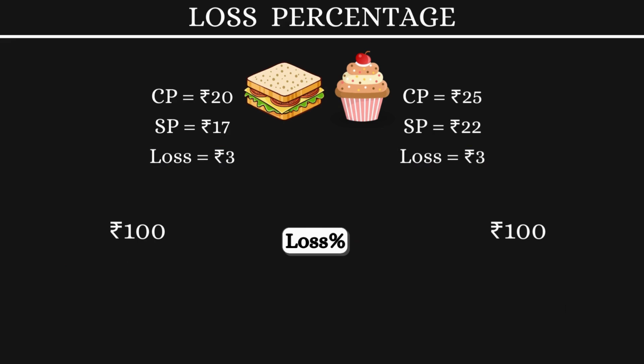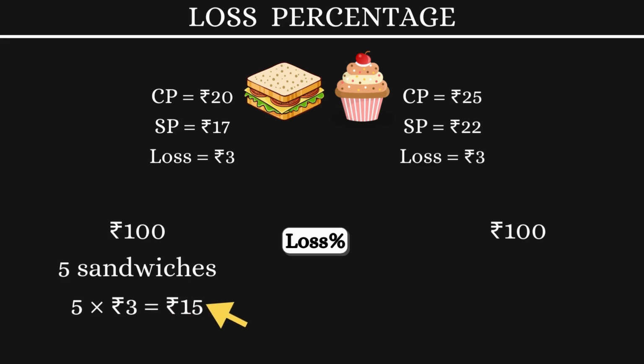Let's find out how many sandwiches he would have bought. 100 divided by 20, which will be 5 sandwiches. And since each of these sandwiches were sold at a loss of 3 rupees, the total loss is 5 into 3, which is 15 rupees.